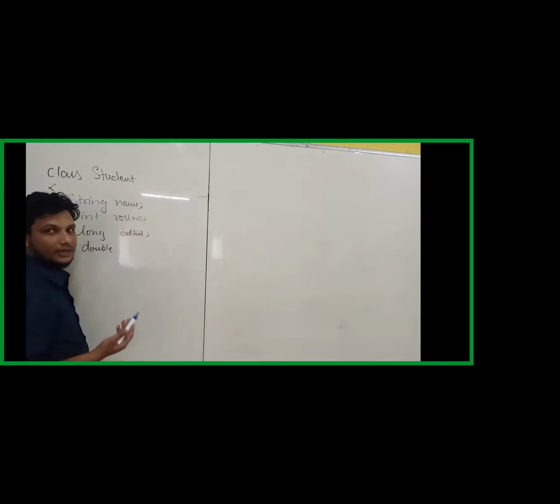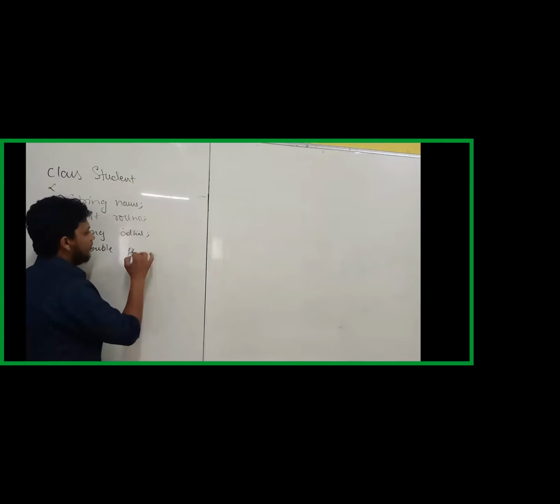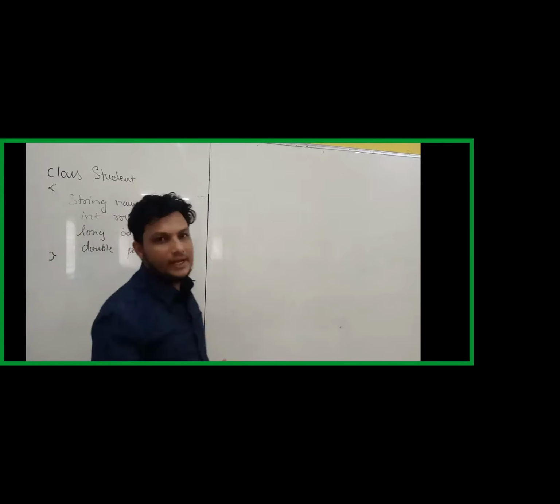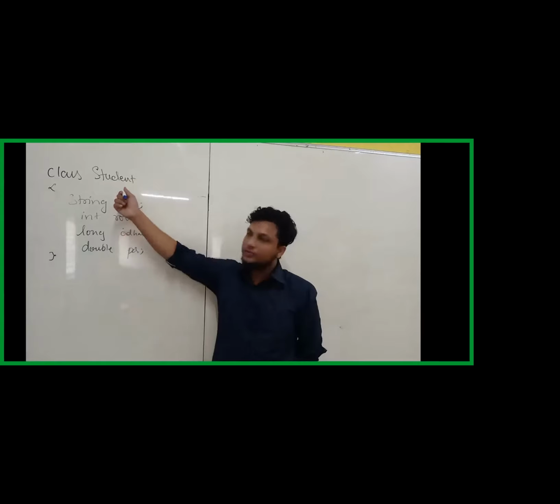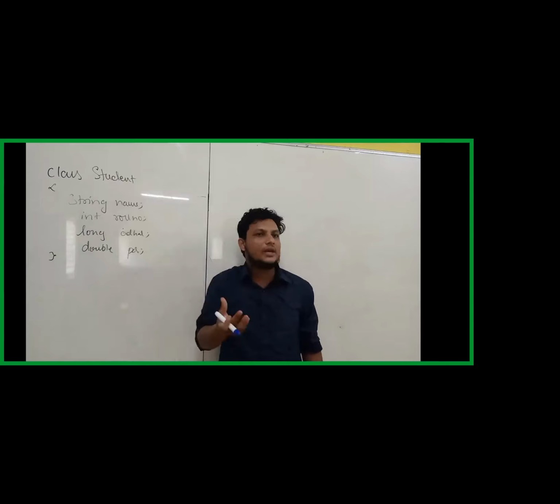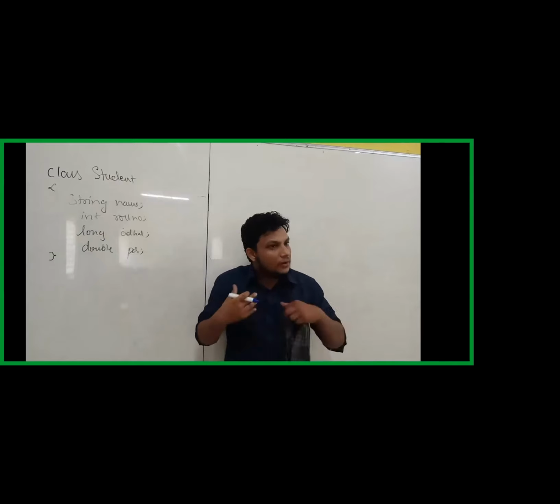What does a student have as a double? Percentage. Okay, we'll call it percentage. Now I'll close this class. What I have done is create a class Student, in which I have declared the fields or variables for the type of data I want to store.